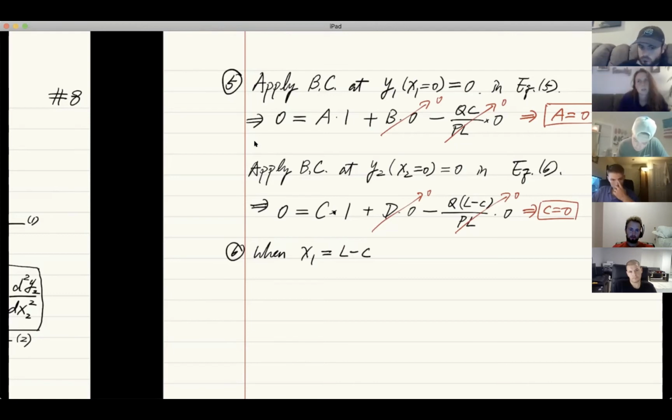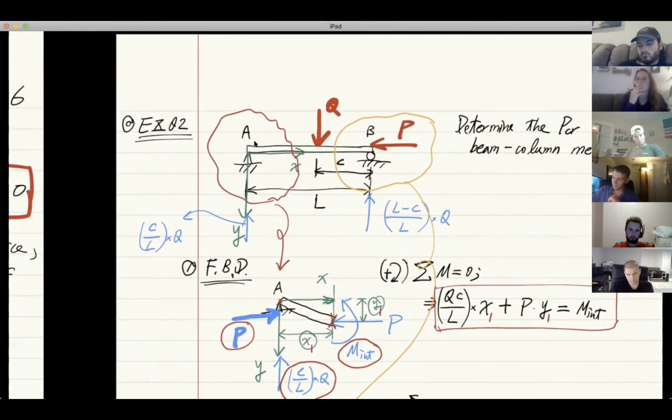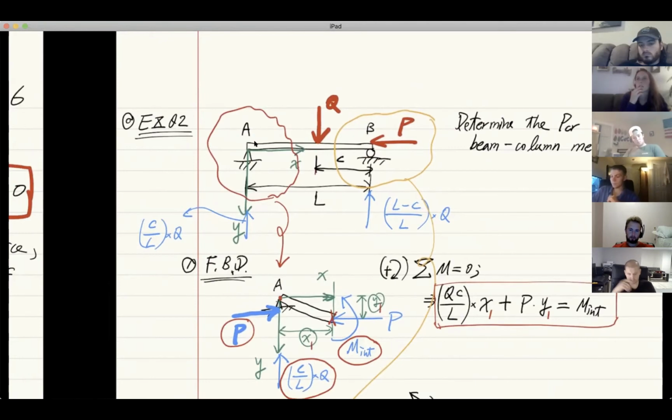Because when x equals L minus C, that also means x2 equals C, correct? They are the same thing. Would you agree? If you go back to the original definition that we have, what is at this point? This point is, if you calculate x1, which is from point A, when x1 equals L minus C, x2 must be C. Is that clear? Okay. Yes. All right.